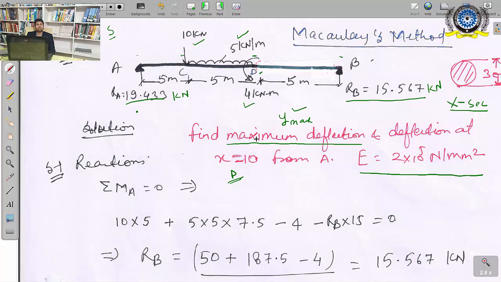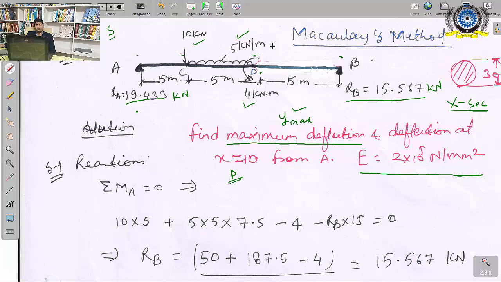To find the maximum deflection, we make dy by dx equal to 0, because when y will be maximum, dy by dx will be 0. This you have all read in your 11th and 12th mathematics. So let us make dy by dx equal to 0.